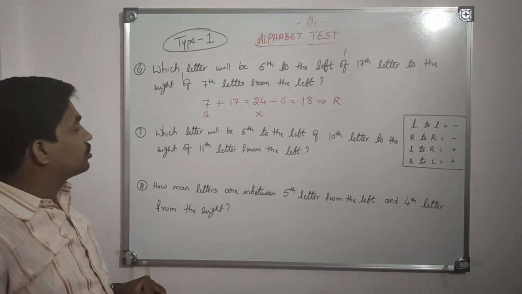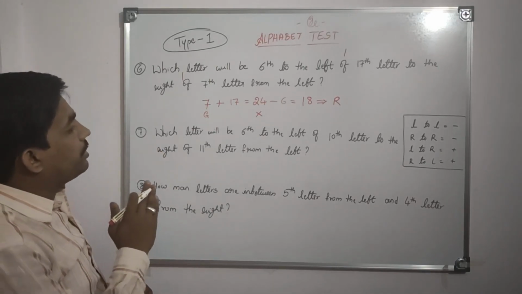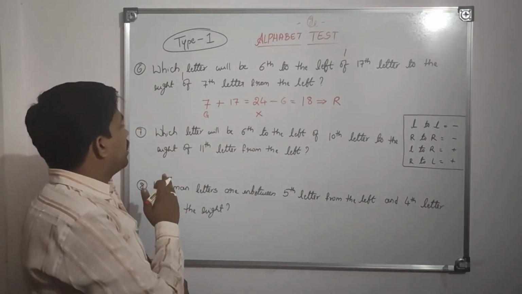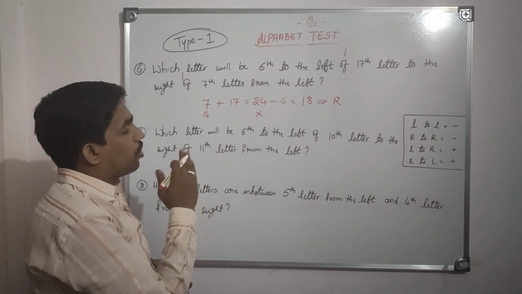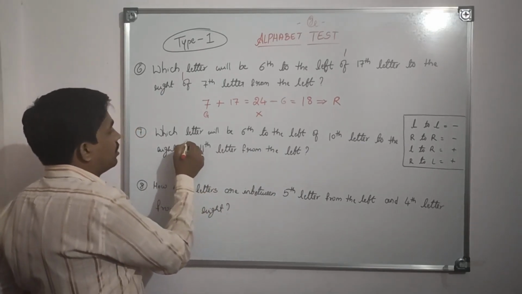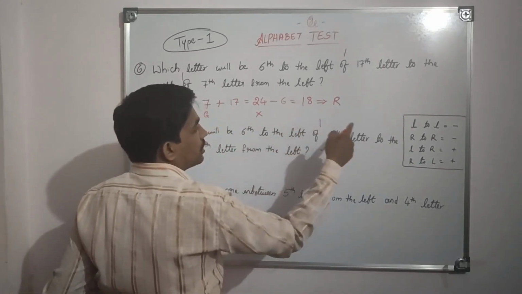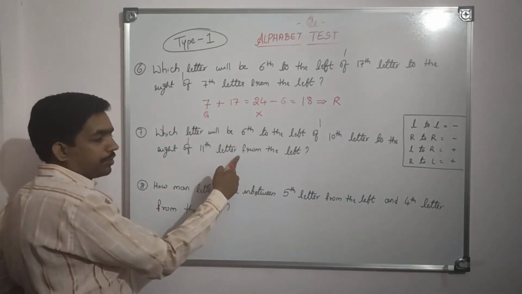Coming to 7th question. Which letter will be 6th to the left of 10th letter to the right of 11th letter from the left? Again same. So this is our first part, this is our second part and this is our third part.